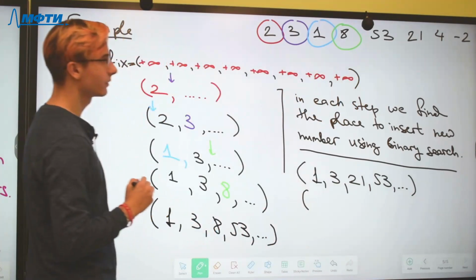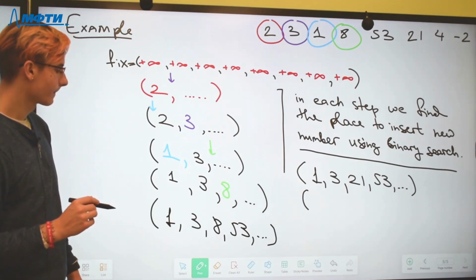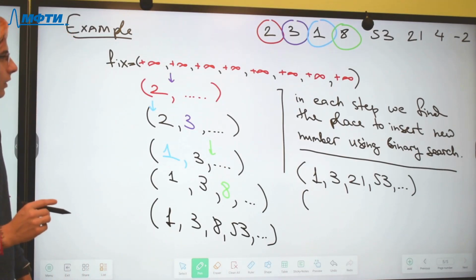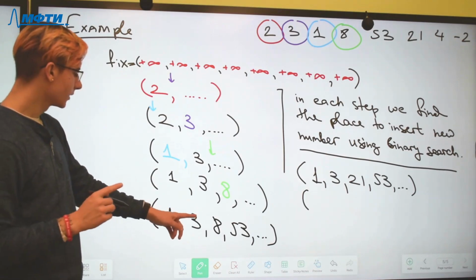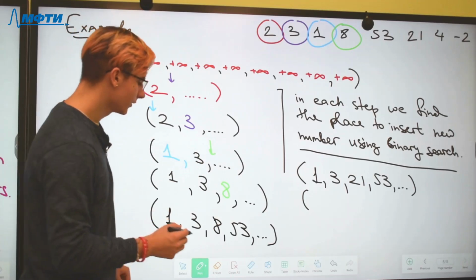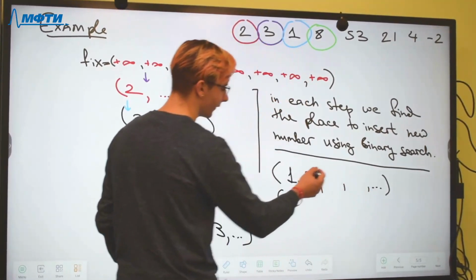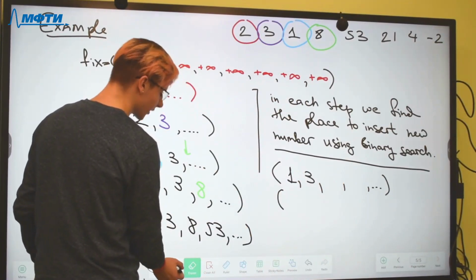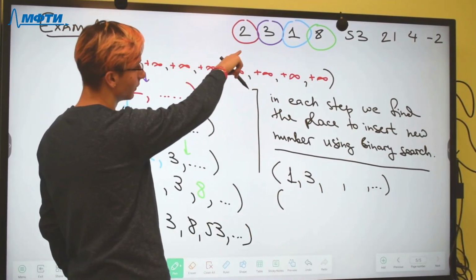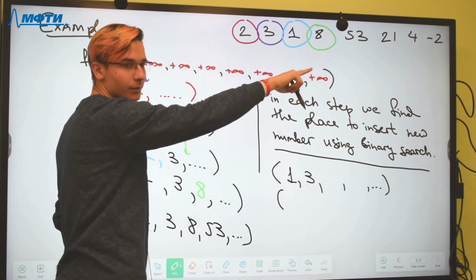Okay, next step. Instead of 3, we put 4. We need to change... yes, you're right that we need to change 33 with 21, because the longest subsequence that ended with 21 is 2, 3, 4, 21.